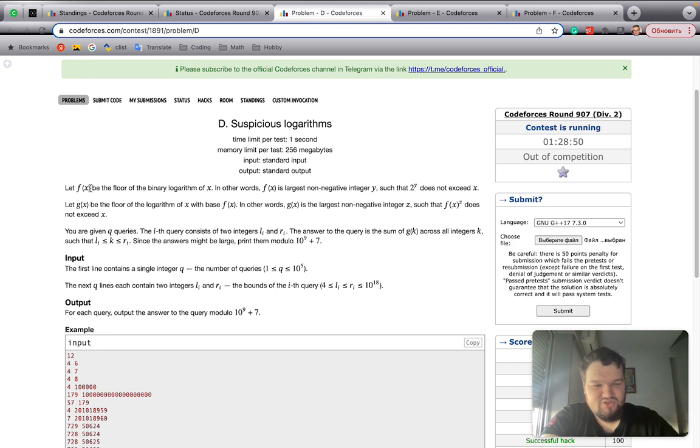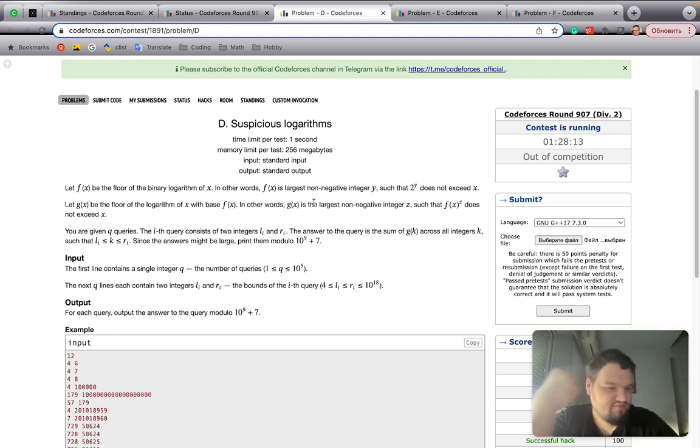So we can find all those segments, and we need to find the place where the value changes. If the value at the left border is k, then it will be k until we arrive at f of x to the power of k plus 1. So just find that number, and if it is on the segment, then it splits into 2 smaller segments with different values.